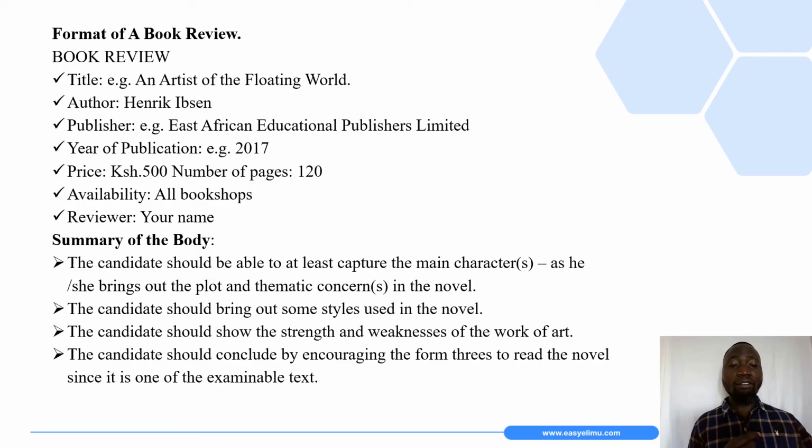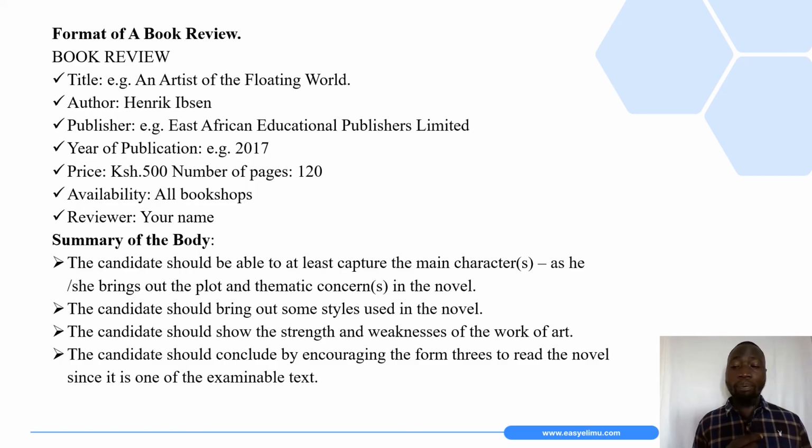So if they are found in all the bookshops, you indicate. If maybe they are found in specific bookshops, you also give the name and the place. Then lastly, as the person doing the review, you must also write your name under the reviewer. So this is the correct format that I earlier talked about with regards to writing a book review.